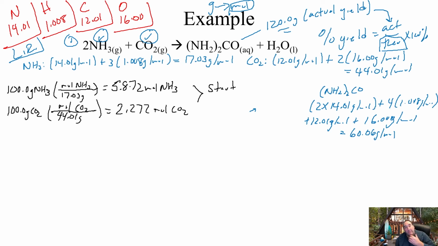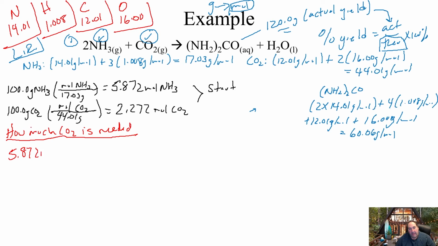So remember, because it's a limiting reagent problem, if we do the method here, we're going to figure out how much of one reactant we need to use up the other. So I'm going to figure out how much CO2 is needed to use up all of my NH3. So I'm going to take the moles of my NH3, which is what I want to use up, and I'm going to do the mole to mole relationship from the equation between NH3 and CO2.